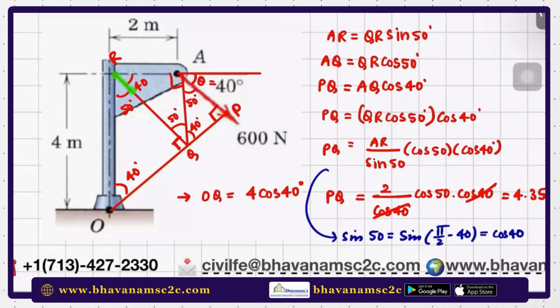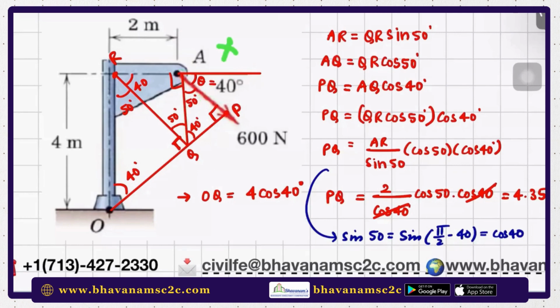I drew a line perpendicular to this OP here, so that it became two triangles. Again, I drew a line from here A to this point, then it became one more triangle. Now, if this angle is 40, then this arrangement will be perpendicular, so this angle will be 50.